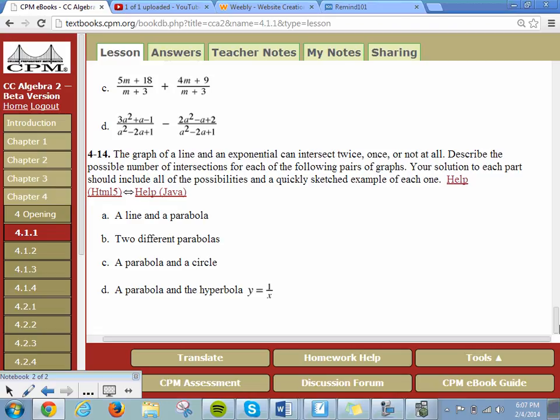Number 14 says the graph of a line and a parabola can intersect once, twice, or not at all. Describe the possible number of intersections for each of the following graphs. Your solution to each part should include all possibilities and a quick sketch. So we've got a line and a parabola, two different parabolas, a parabola and a circle, and a parabola and a hyperbola. Okay, so this one, a line and a parabola. How this can work is I would draw the parabola first.